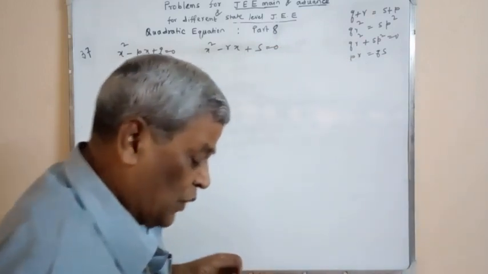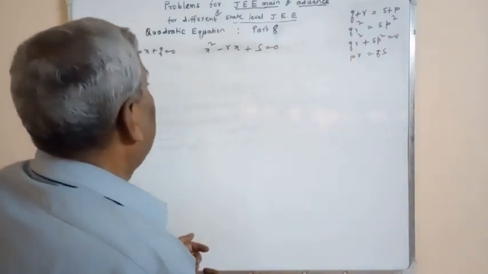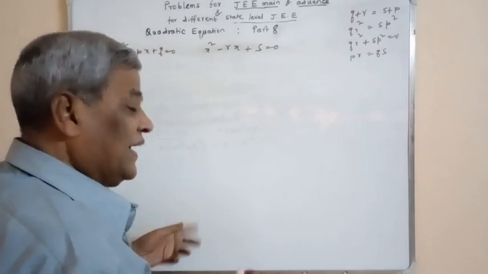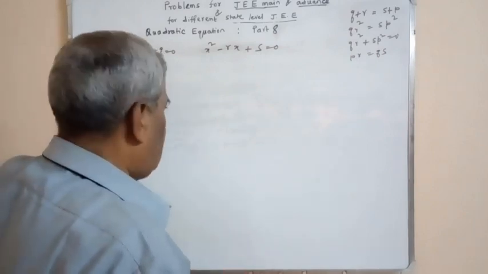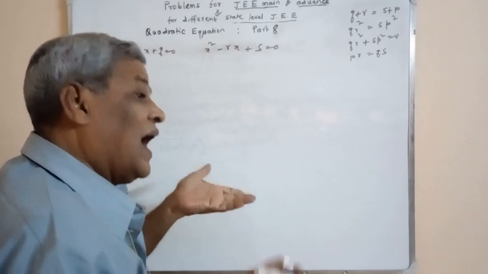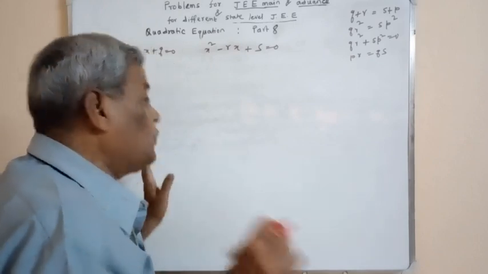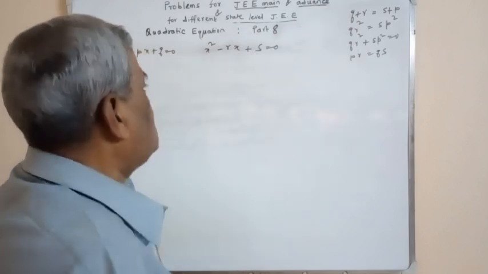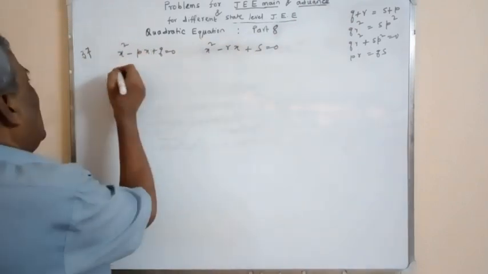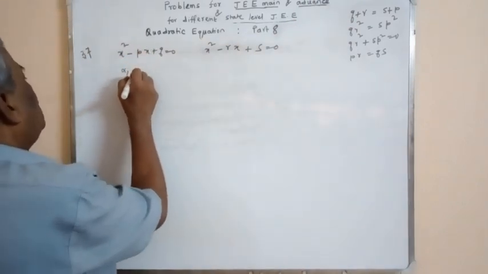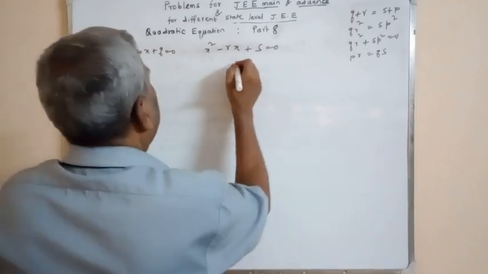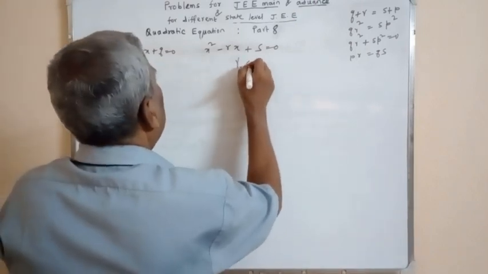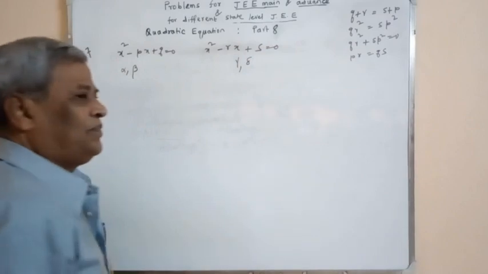Now let us see the problem once again. If the ratio of roots of this and that are the same, in that case, which one is true? Suppose alpha, beta are roots of that and gamma, delta are roots of this equation.